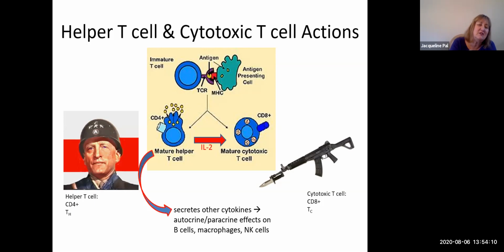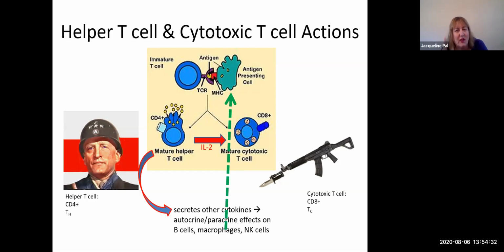In addition to the interleukins, or the cytokines, which make the cytotoxic T cell go to work, it secretes other cytokines, which have the autocrine effect, making more helper T cells, as well as paracrine effect, which is going to affect other cells. We'll see some of that shortly.